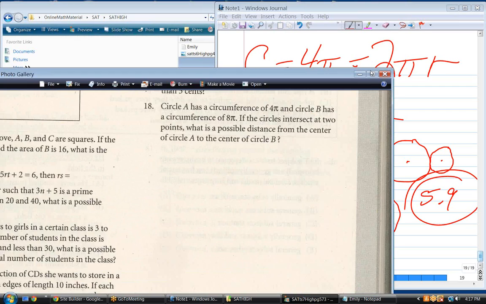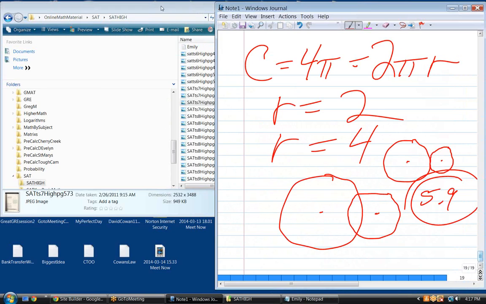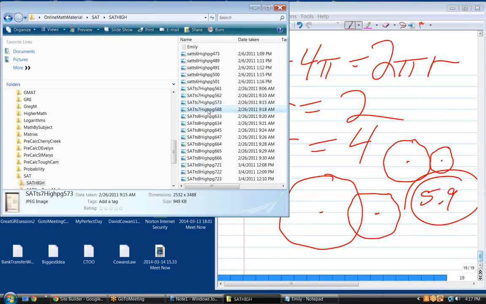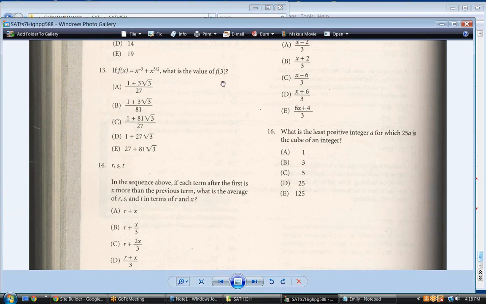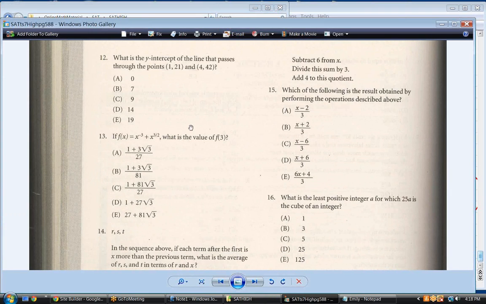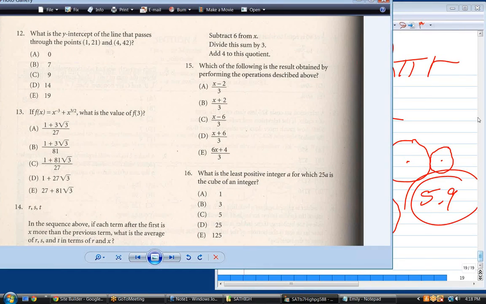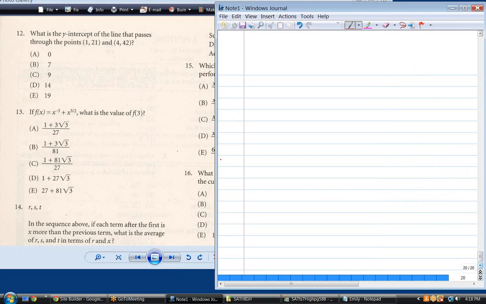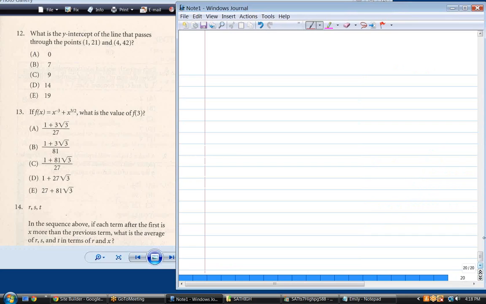Let's see, this is 573. That's interesting. What is the y-intercept of the line that passes through those 2 points? Okay, this can't be hard.